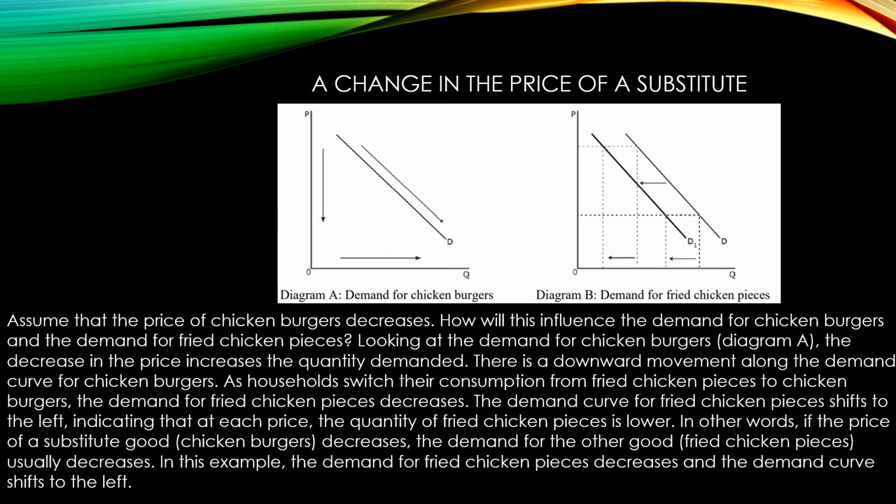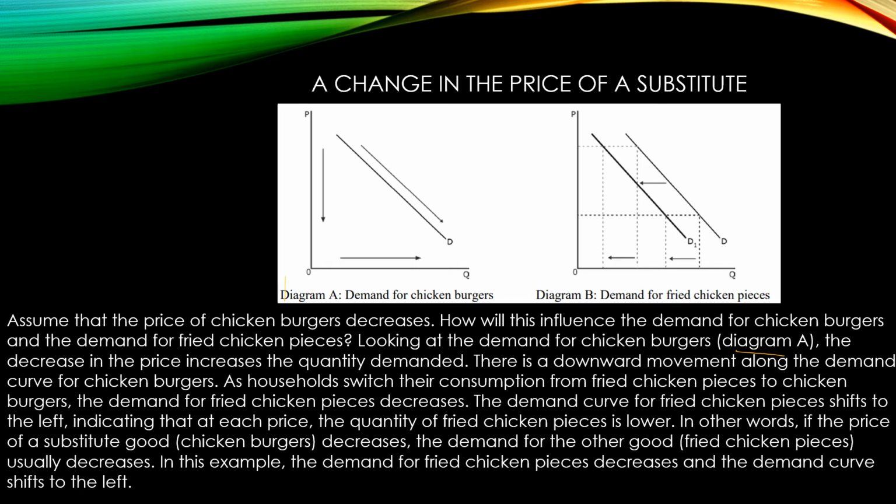A change in the price of a substitute. Assume that the price of chicken burgers decreases. How will this influence the demand for chicken burgers and the demand for fried chicken pieces? Looking at the demand for chicken burgers, diagram A, the decrease in the price increases the quantity demanded.